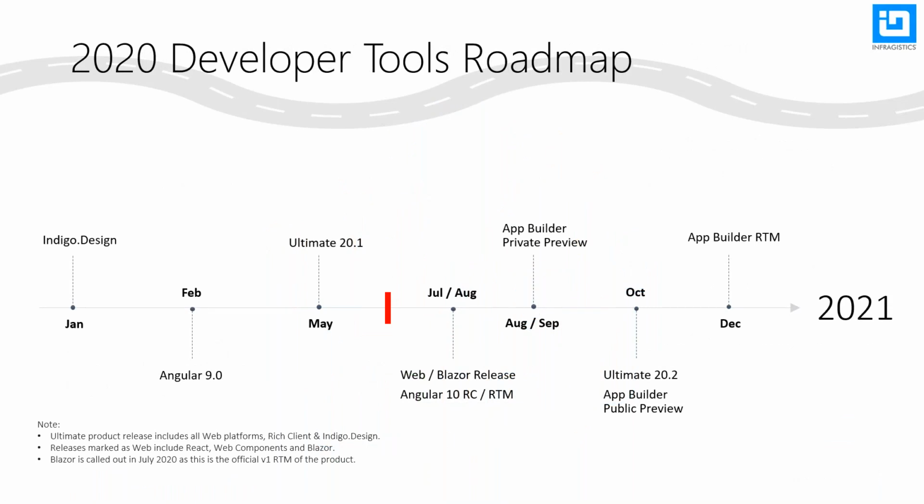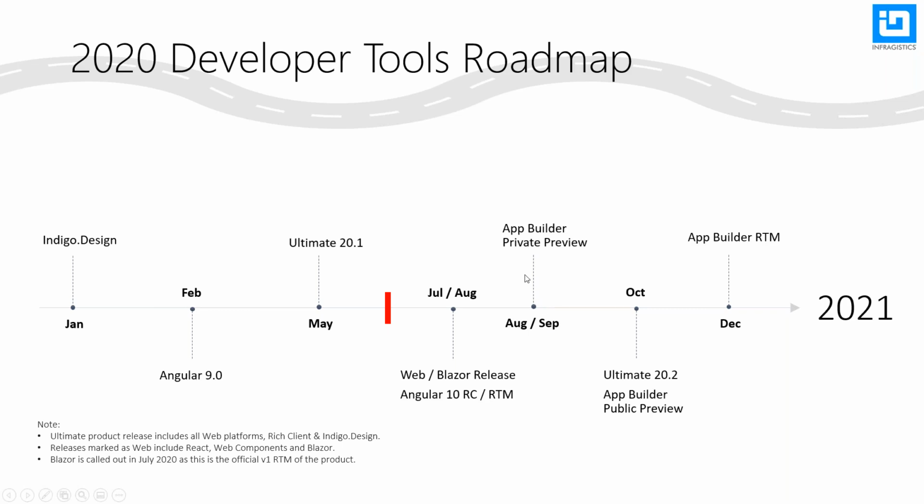This is what the roadmap looks like for the rest of the year. You can see the red line in the middle is really where we're at today. July, August, I mentioned the Blazor release and then another web release. So when I say web, it includes React, Web Components, Blazor. Angular 10 is right around the corner, so keep an eye out for new bits from us on Angular 10. The App Builder private preview will be in August, September.